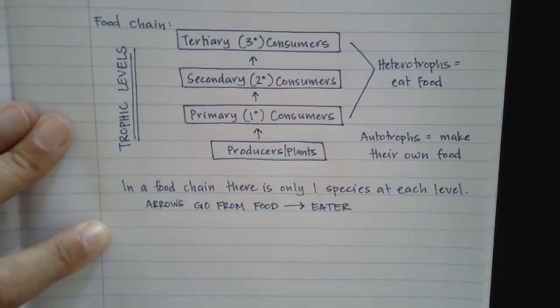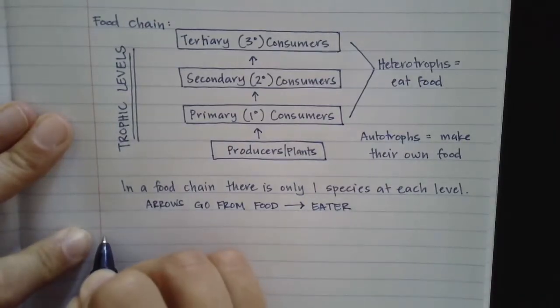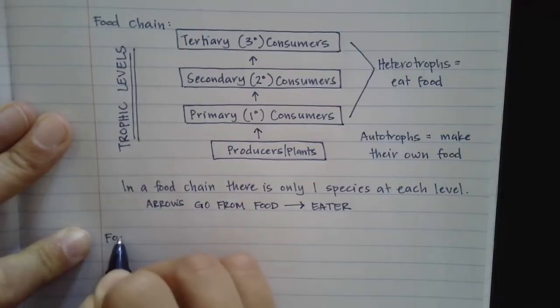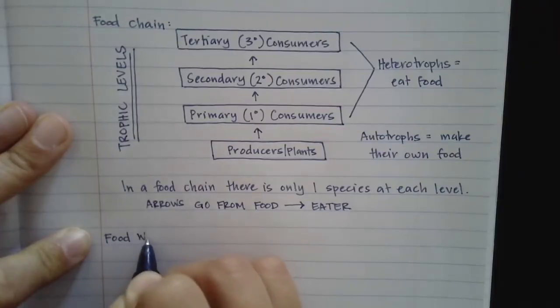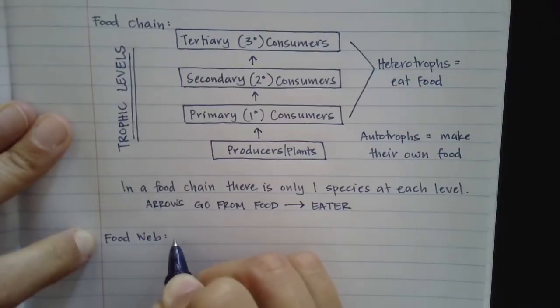Now, we also have in ecosystems, instead of a food chain, you might be familiar with a food web. And a food web is all of the food chains in an ecosystem.